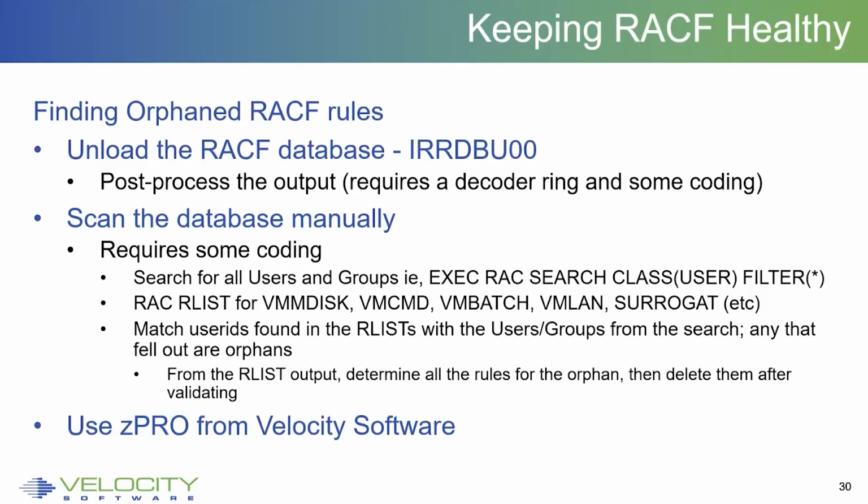You're going to be doing some comparisons of user IDs that are found in all of that data compared to the user IDs and groups that you may still have on your system. And then anything that falls out is worth reviewing to figure out if you still need those rules or not.